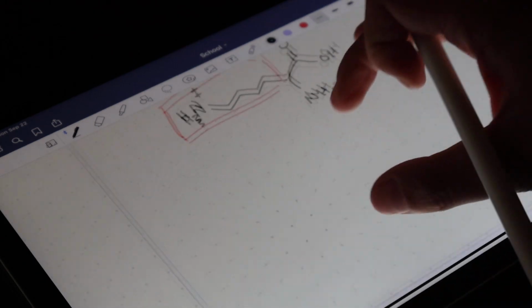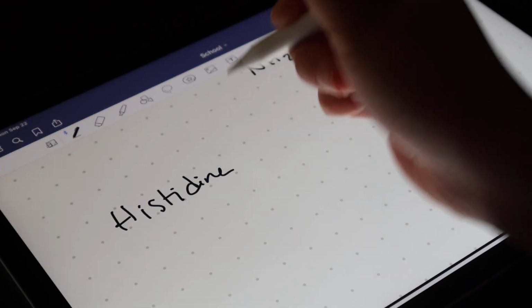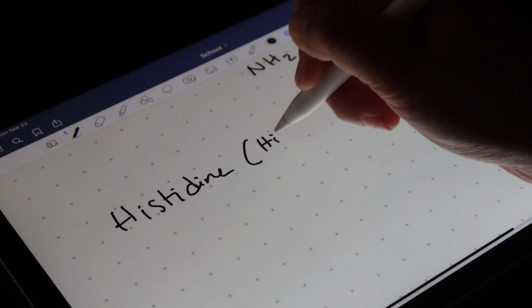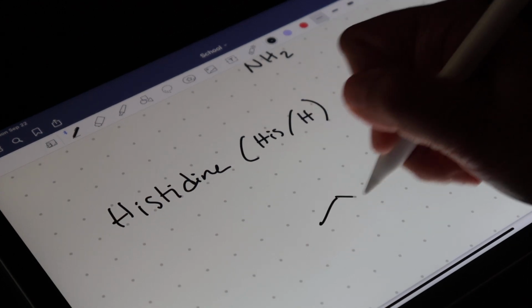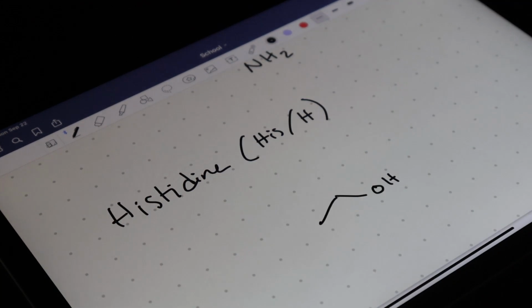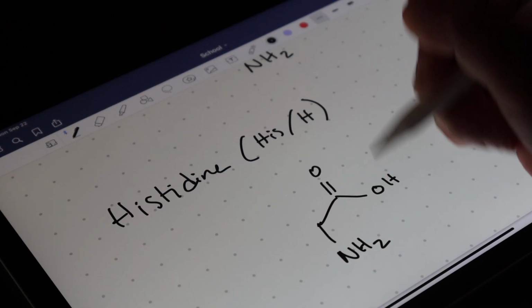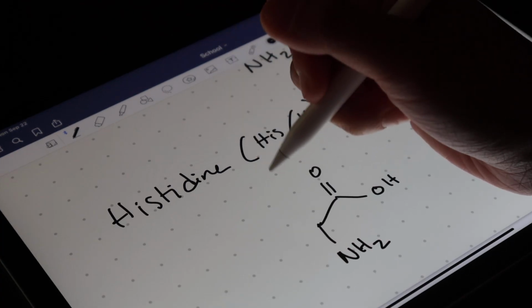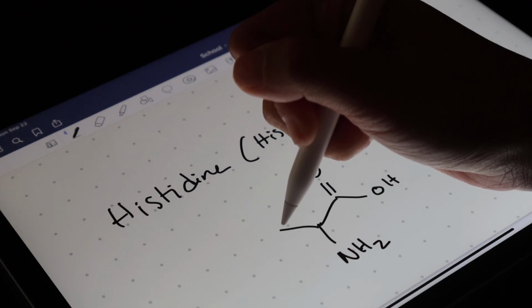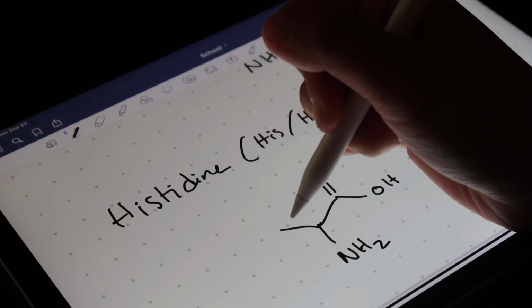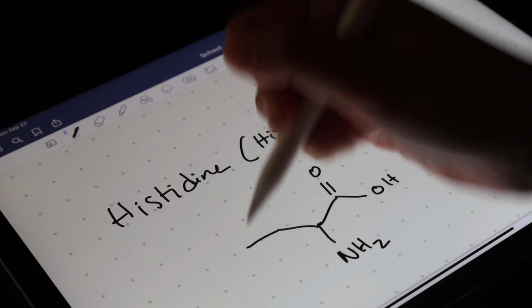And lastly, we have histidine, which is HIS and H. This one we have a carbon, and this carbon is going to be part of a 5-membered ring.